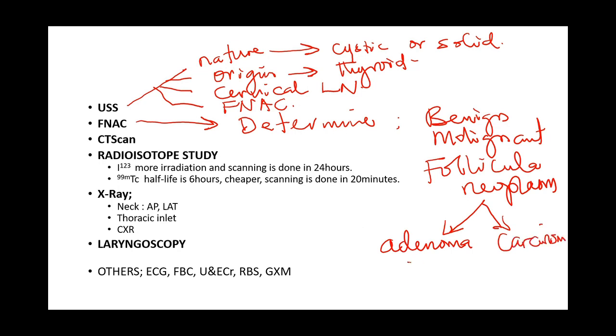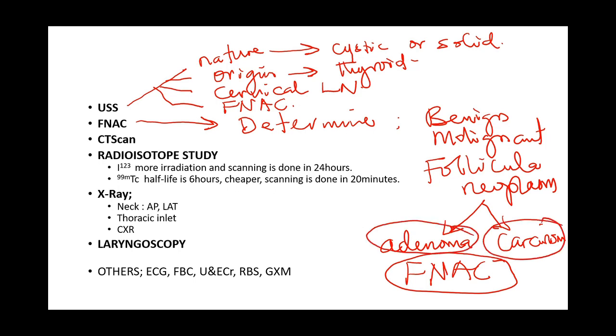However, the fine needle aspiration cytology cannot differentiate follicular adenoma from follicular carcinoma. So it just shows you a follicular neoplasm, because follicular adenoma and carcinoma are differentiated by vascular or capsular invasion. And this can only be achieved using a true cut biopsy or a tissue biopsy.